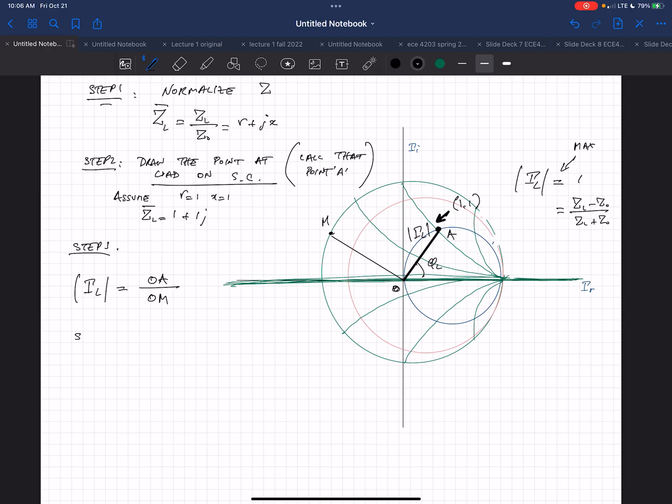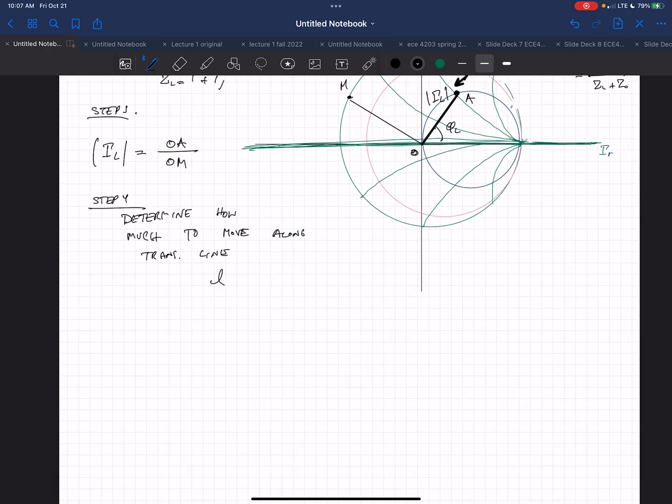So step 4 is I'm going to determine how much I have to move along the transmission line. Let's say that distance is L.